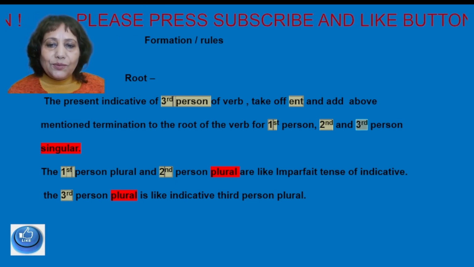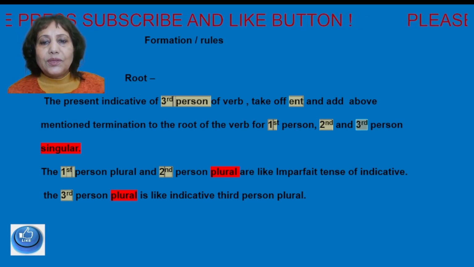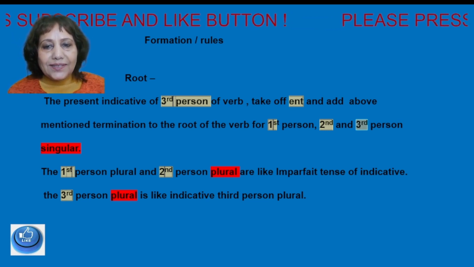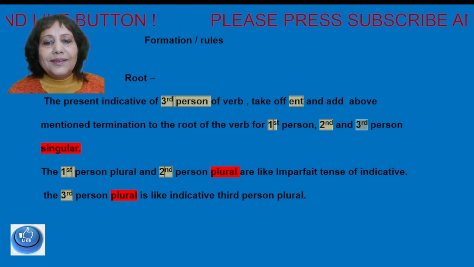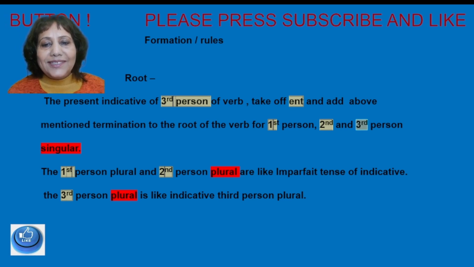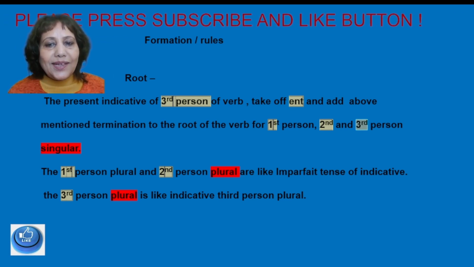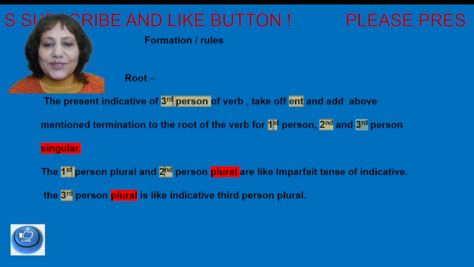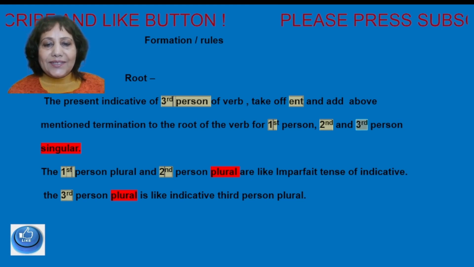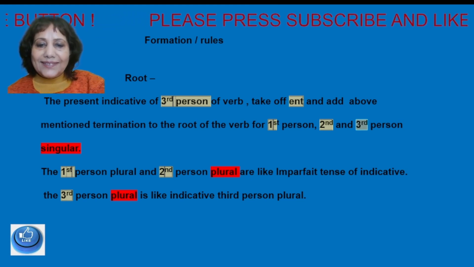If you have watched my videos on YouTube, that is Sadhana's French class, I have covered almost all the topics for basic French, where you can learn all these things. So, if you haven't done so far, kindly go to YouTube, open Sadhana's French class and watch it. So, the present indicative verb of the third person.